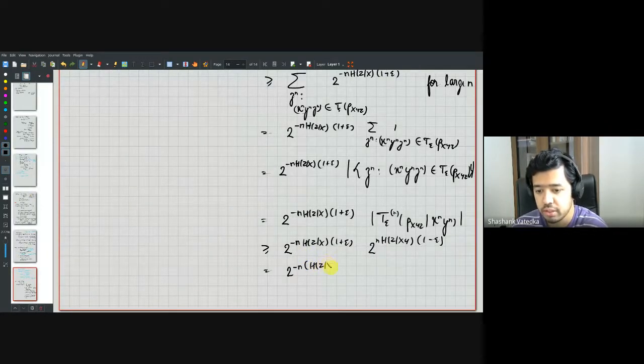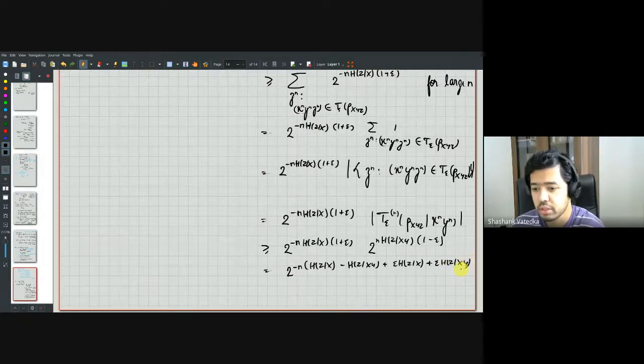h of z given x minus h of z given xy, plus epsilon h of z given x, plus epsilon h of z given xy.